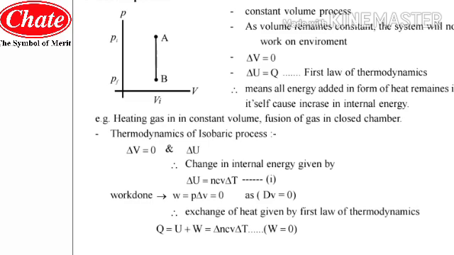First of all, this is what we will learn in this PV diagram: the point A is at the constant pressure Pi, then point B is at the final pressure Pf. Then we can say the pressure drops from A to B, from Pi to Pf.